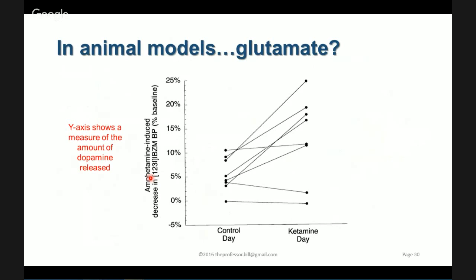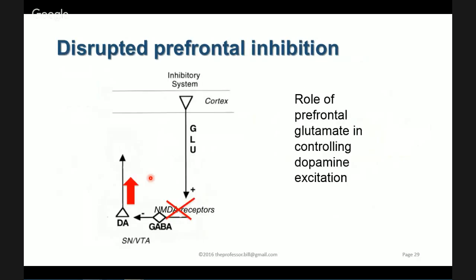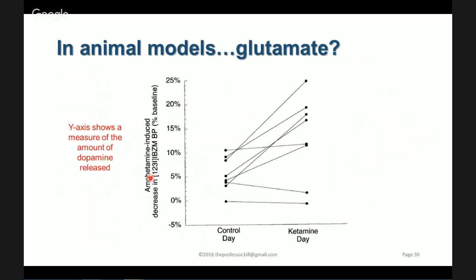If we inject ketamine into certain areas of the brain, one of the things that we see happening is that ketamine, which is an NMDA receptor antagonist, blocking NMDA receptors on this pathway here, we do see a rise overall in the release of dopamine in an amphetamine-dependent manner.